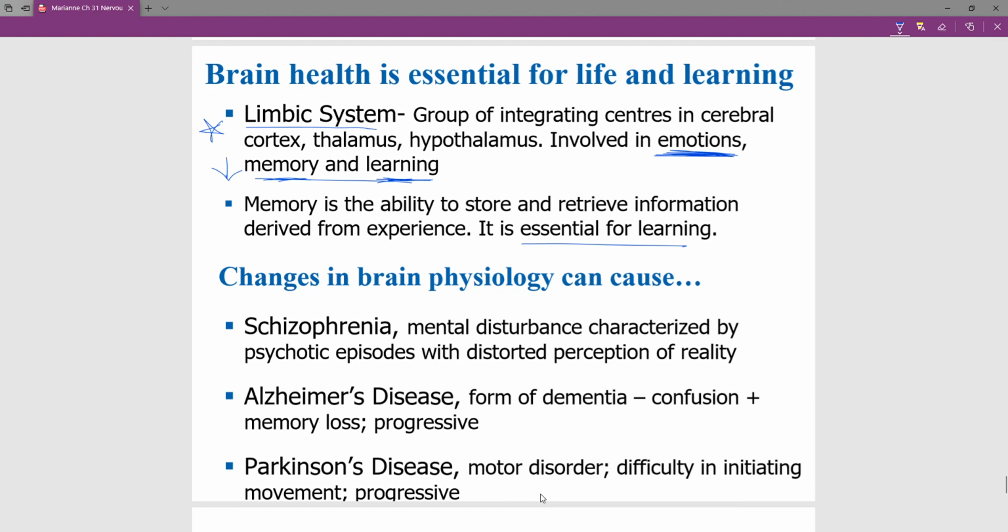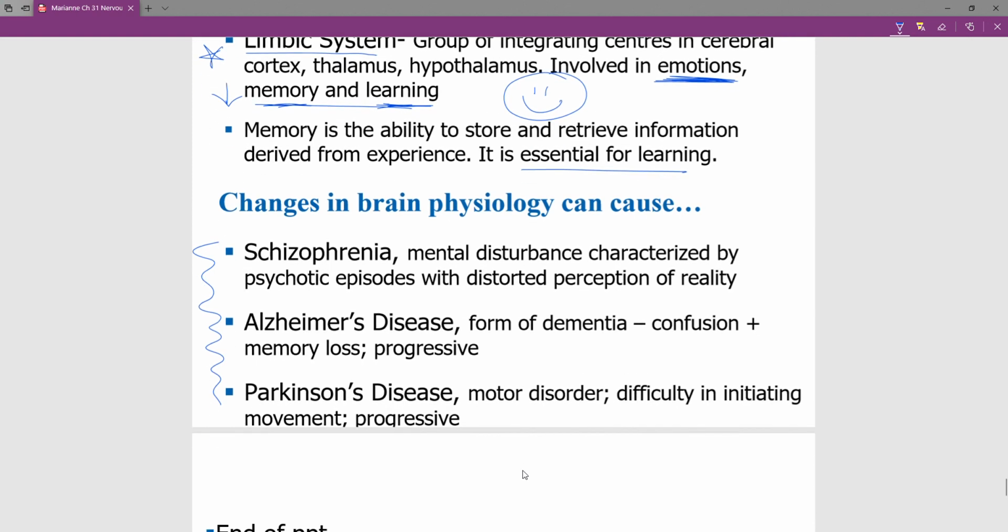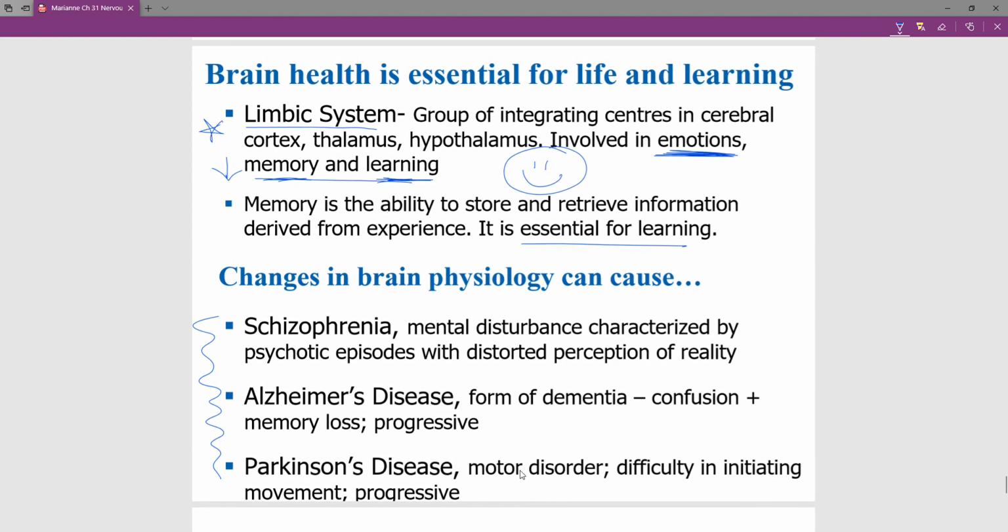Again, has a genetic component to it, but also devastating for folks as they get diagnosed because there's no cure as we know it. So all of these things definitely do affect your health and wellness, but understanding how your brain works can actually enhance your take on understanding chapter 31.